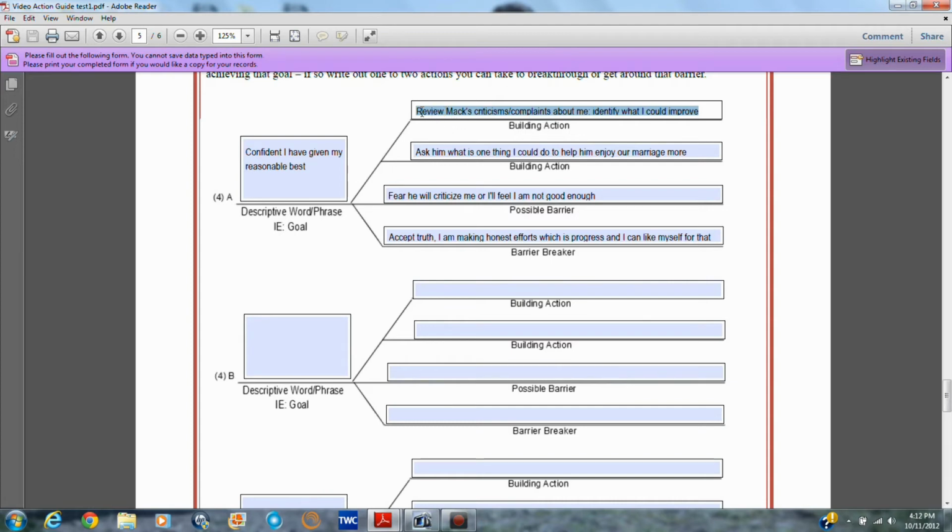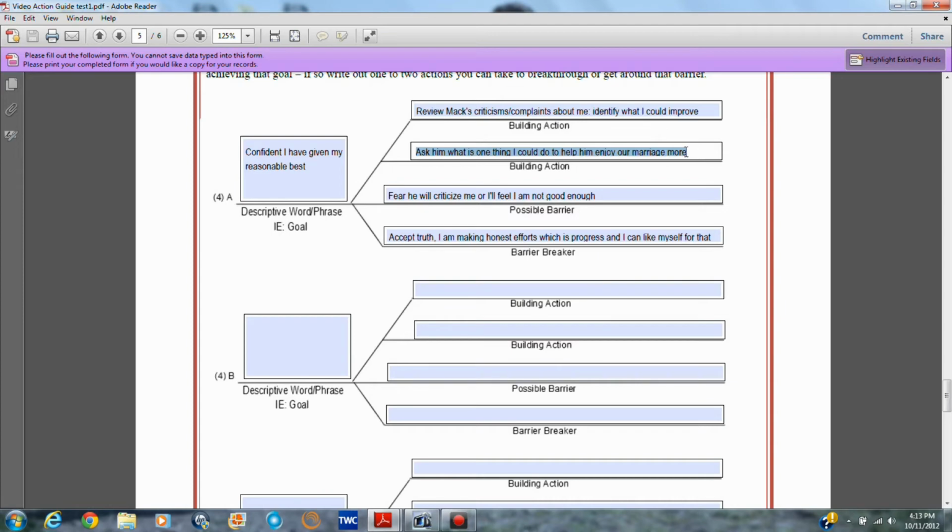In this case, she's observing Mac's criticisms and complaints and then saying, okay, how can I change this so I'm changing those to a positive? How can I improve? Of course, the hard part is listening to those and not reacting in a negative way and using your own deadly poisons, but she's working through this action guide in a calm mind, and she's able to think about it clearly.